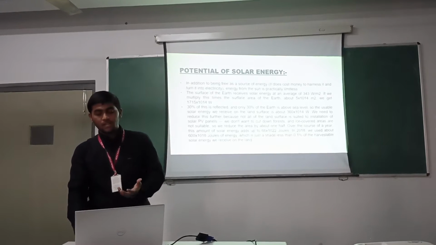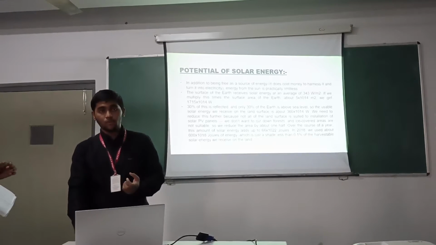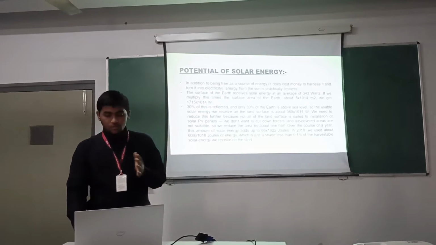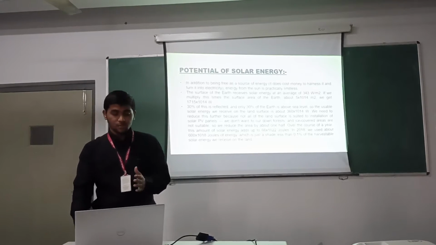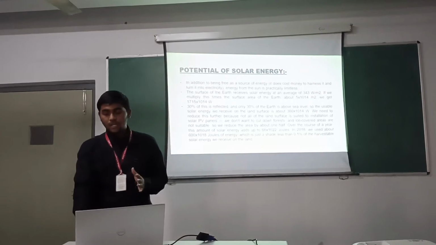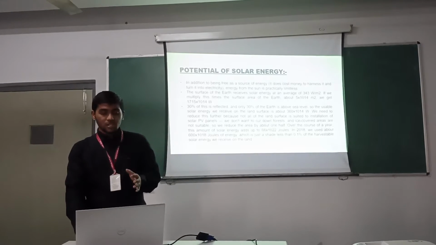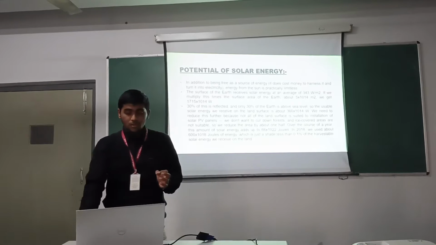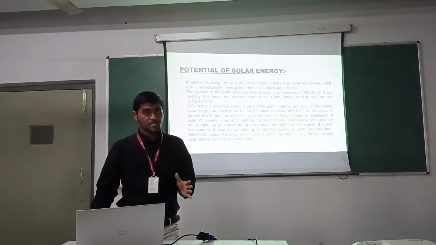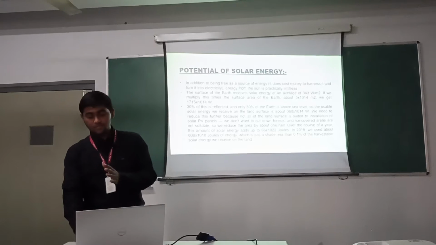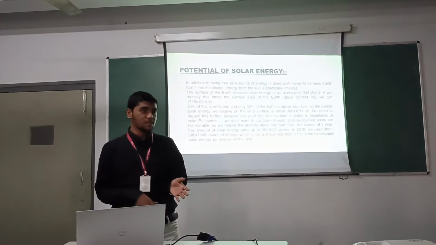So we reduce the area by one half. Over the course of a year, this amount of solar energy adds up to 66 × 10^22 joules. In 2018, we used about 600 × 10^18 joules of energy, which is just a shade less than 1% of the harvestable solar energy we receive on the land.